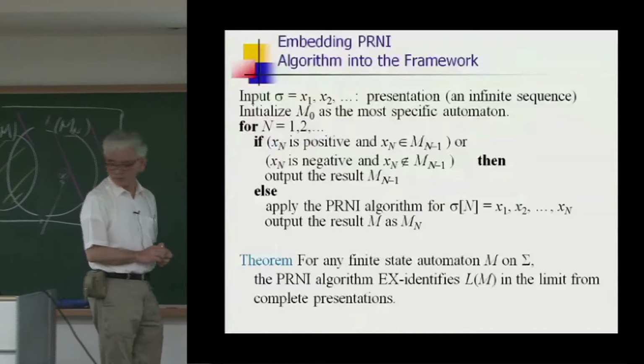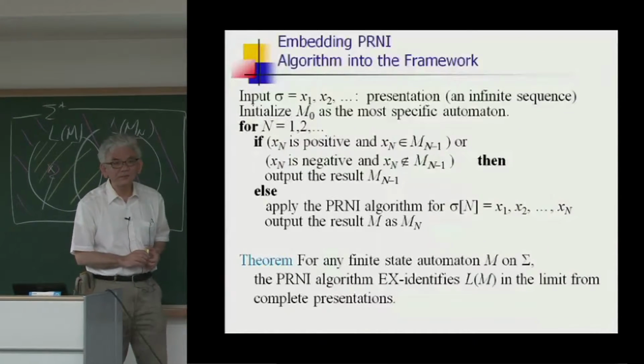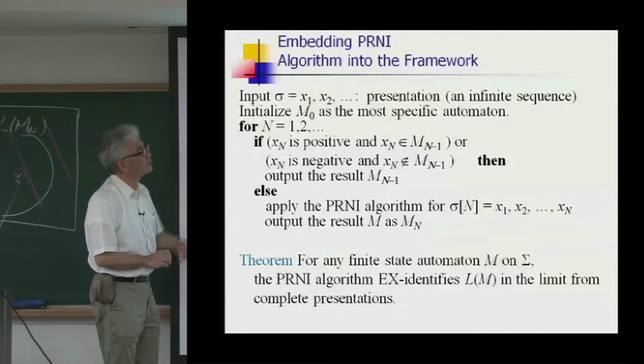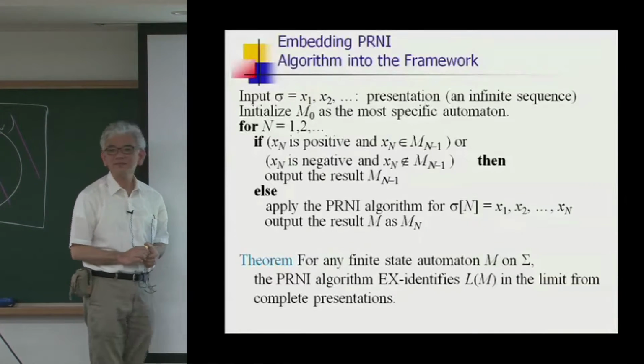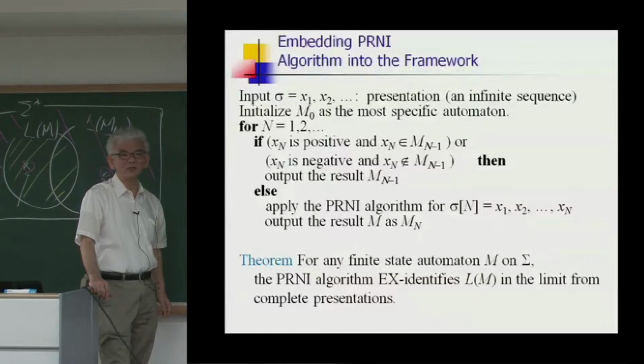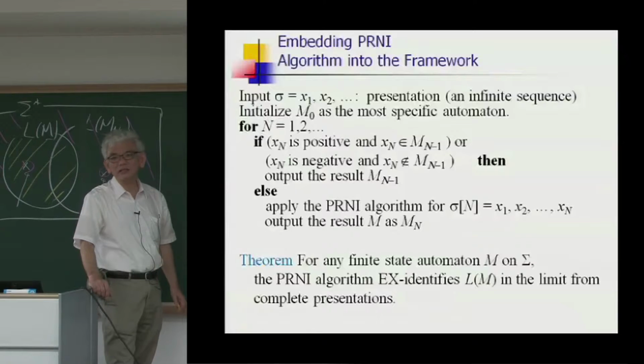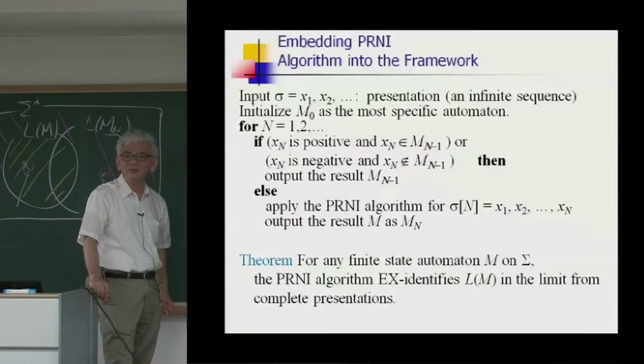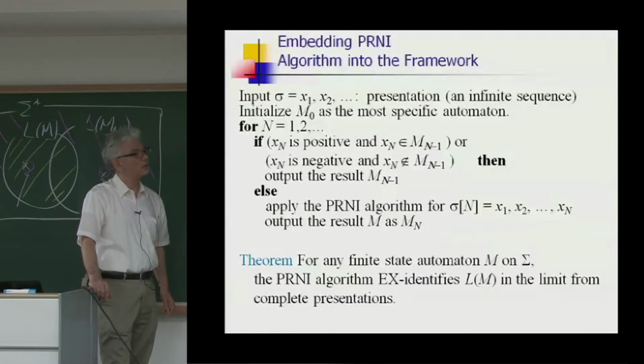Okay. Then second, does the linear algorithm also have the property of identification in the limit, EX identification in the limit, or not? And the answer is yes.